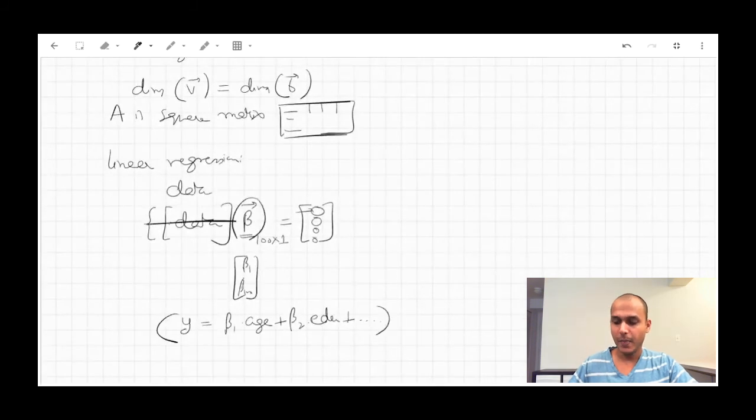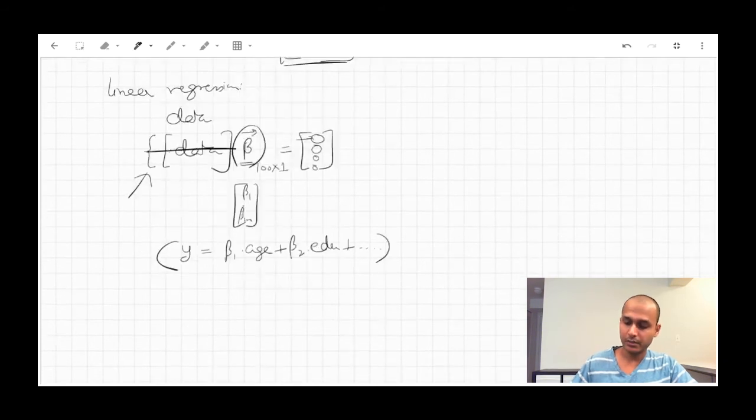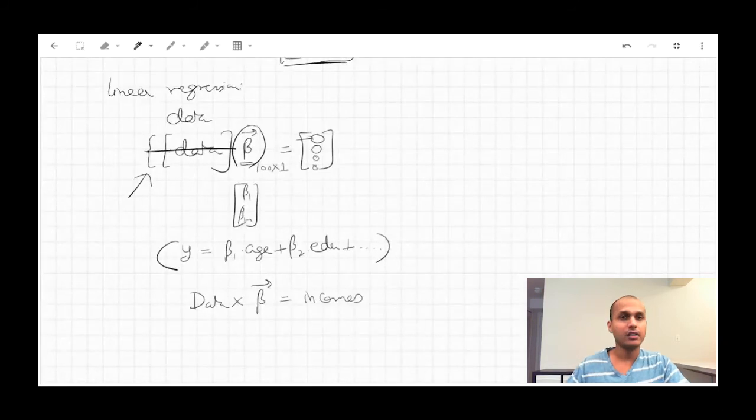And to solve for the model, you just multiply the data matrix times this model vector, which is equal to something that you know. These are the incomes, the income levels, just stacked one on top of each other. So computing the beta vector, which is the model, is related to finding the inverse of the data matrix.